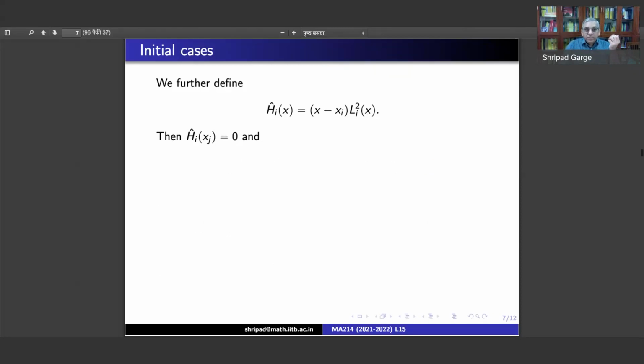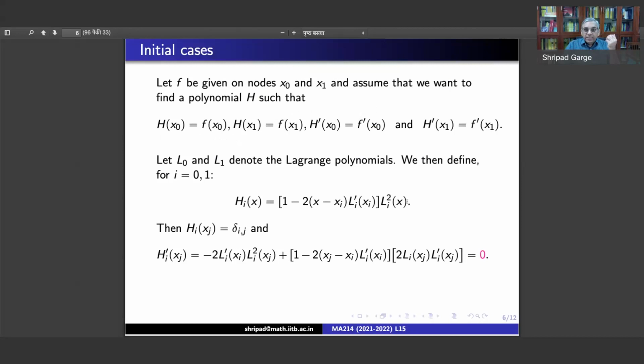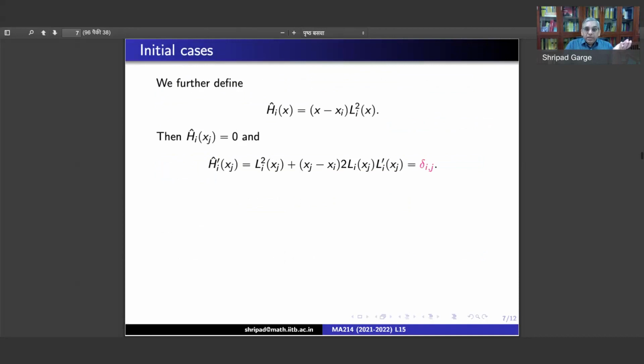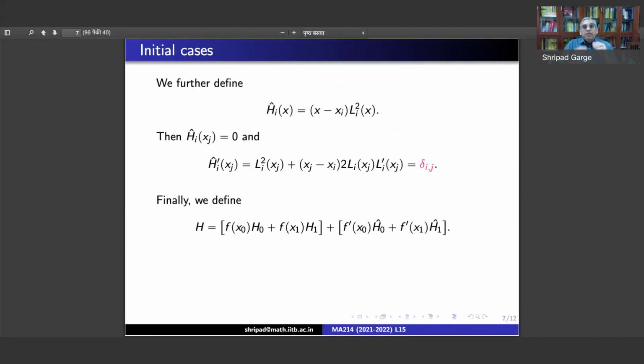And if you were interested in looking at hi, you again see that li square will have degree less than or equal to 2, this is a polynomial of degree equal to 1 and all others are simply scalars. So the degree of our Hermite polynomial is now indeed less than or equal to 3. Our n is 1 because you are looking at x0 and x1, and the Hermite polynomial has degree less than or equal to 2 into 1 plus 1, which is 2 plus 1, which is 3. So this degree is less than or equal to 3. The general case is equally simple.